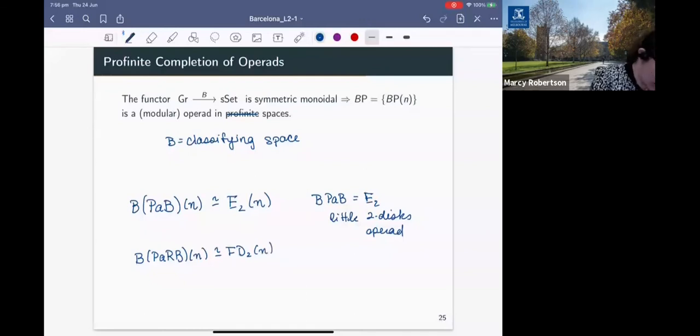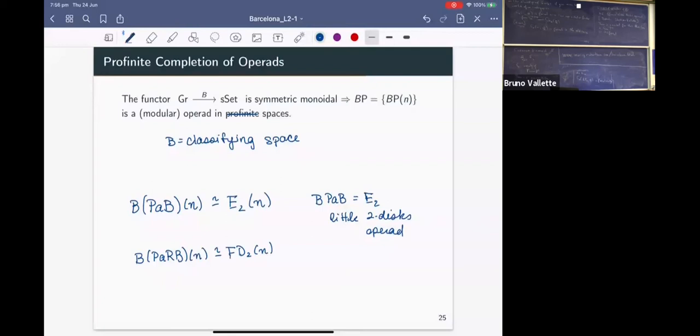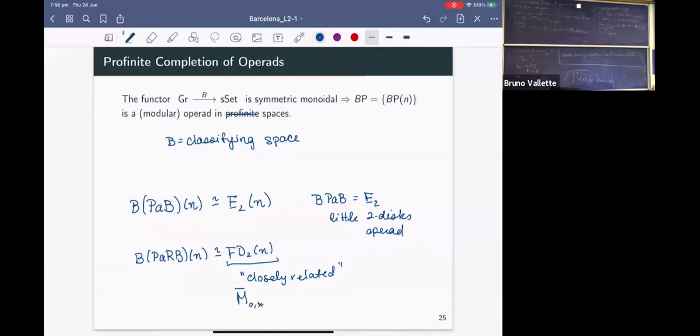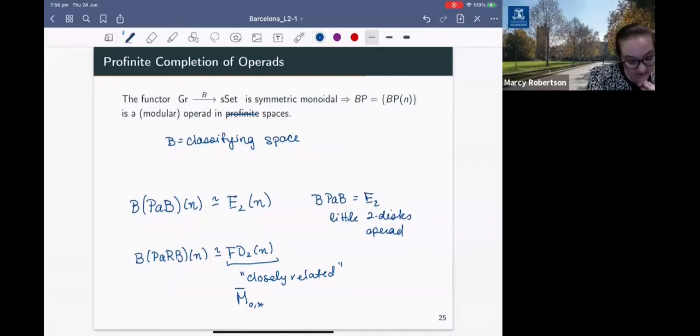And so this operad, the framed little 2 discs, is very closely related to the operad that we've been hearing about in the background, the Deligne-Mumford compactification made up of the compactified moduli spaces of genus 0 curves with n marked points.